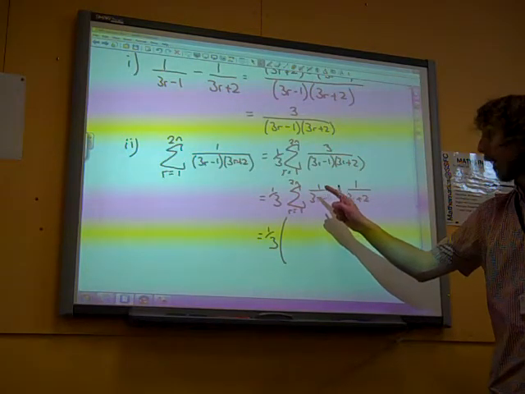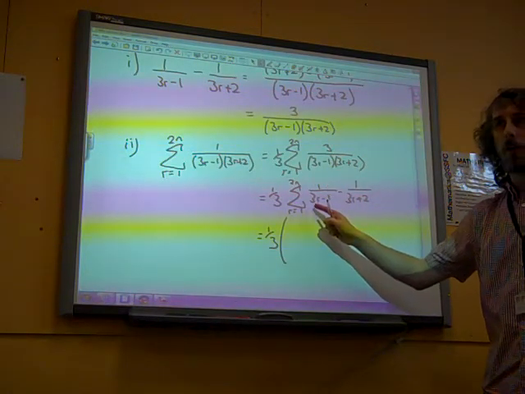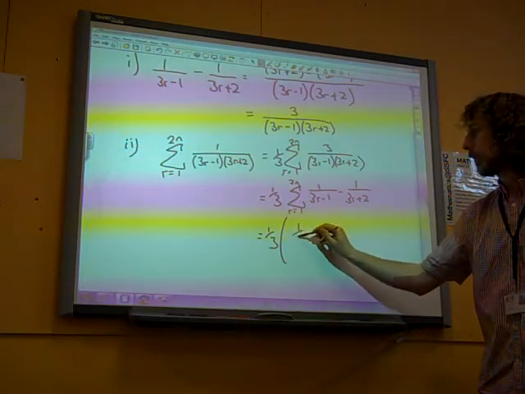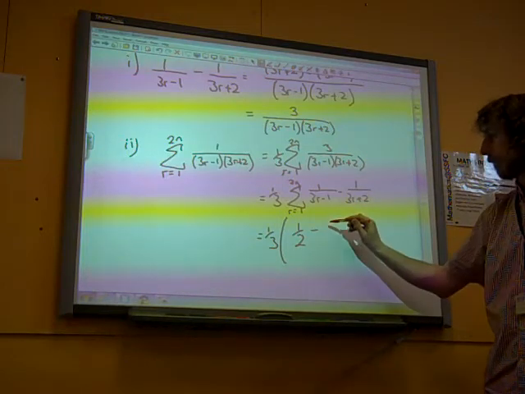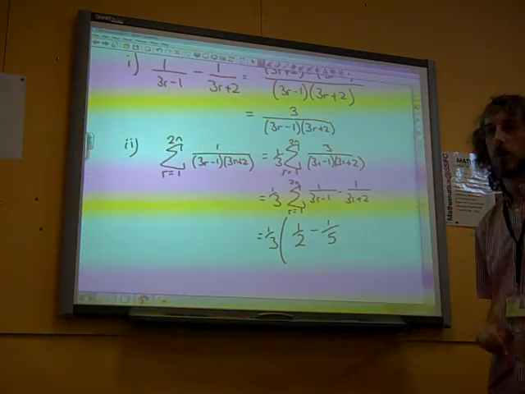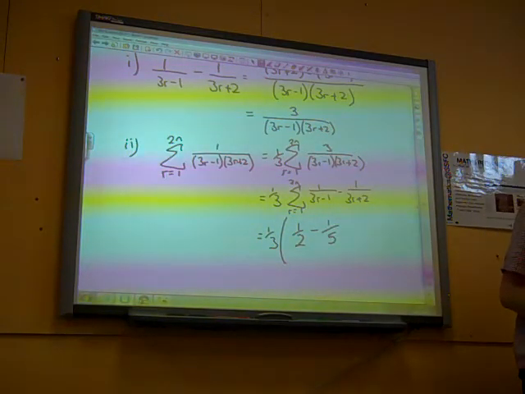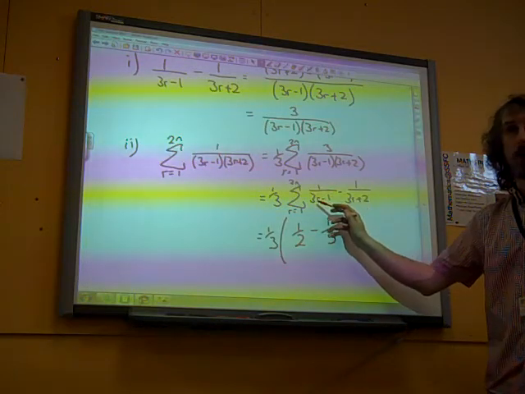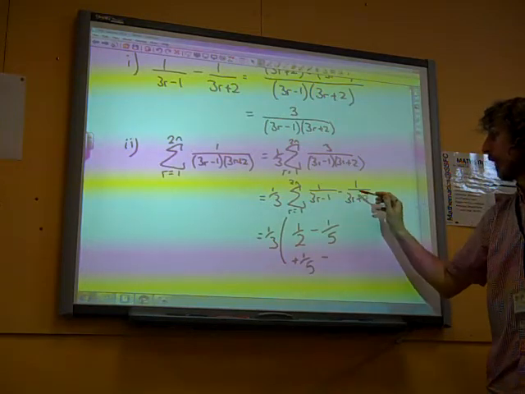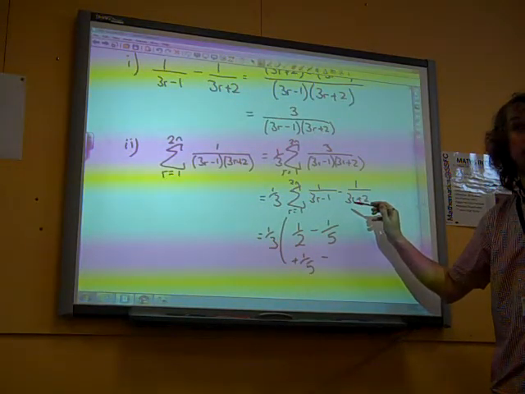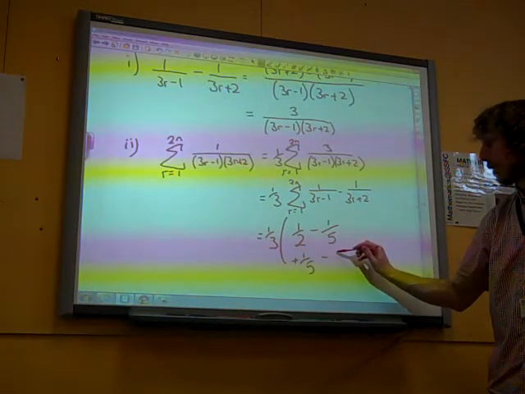If r is 1, I've got 1 over 2, take away 1 over 5. If r equals 2, I'm doing 1 over 5, take away 1 over 8, since 3 times 2 would be 6, plus 2 would be 8.